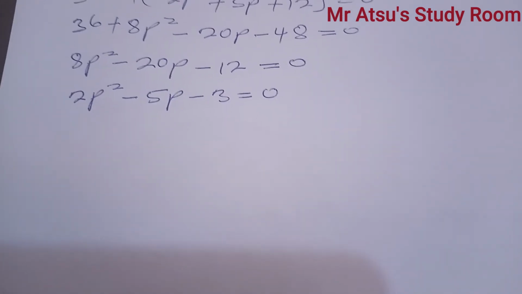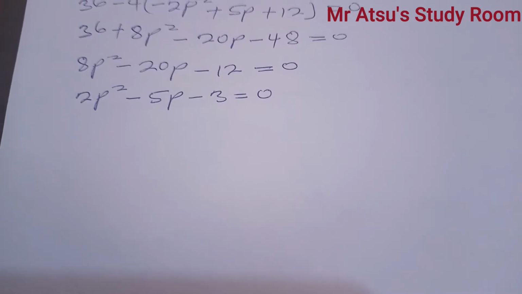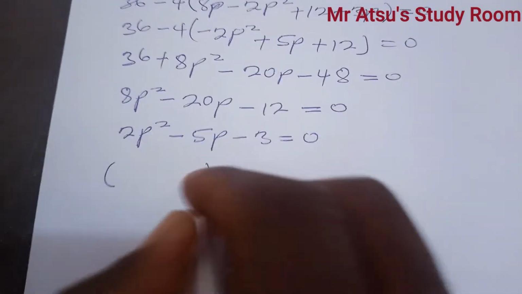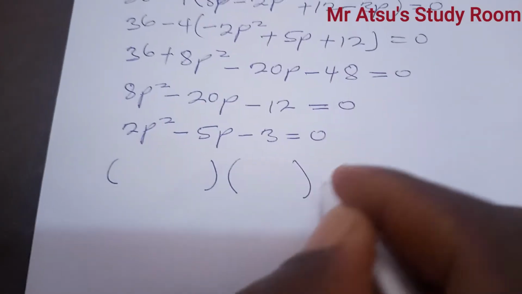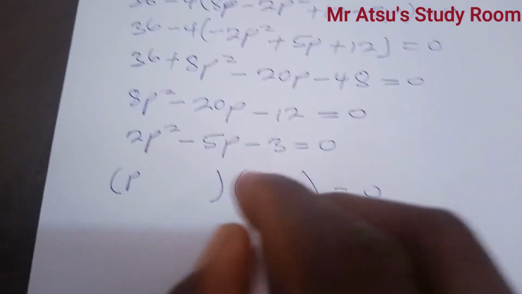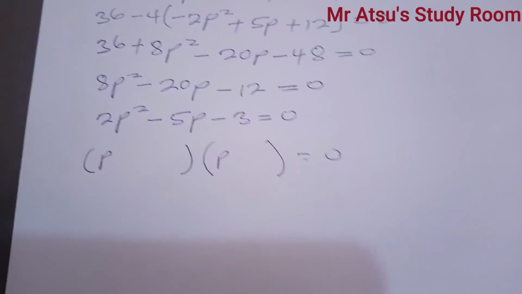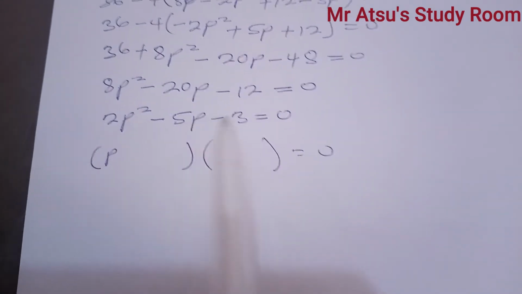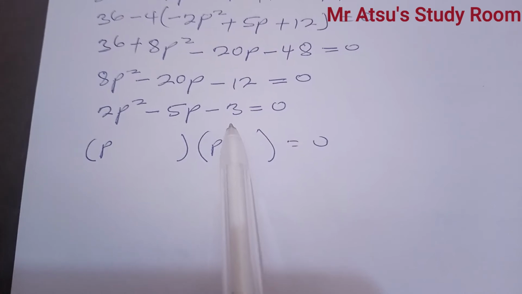This also gives us a quadratic equation. So we go ahead and solve the quadratic equation. It's in P, so we have P here, P here. Now our A for this new quadratic equation is 2. Our C is negative 3.